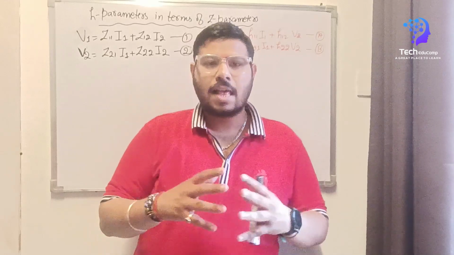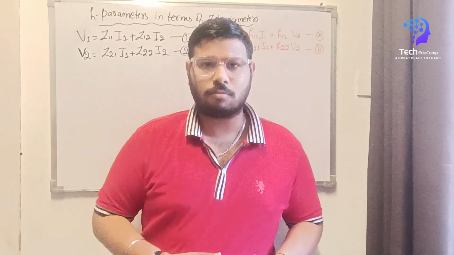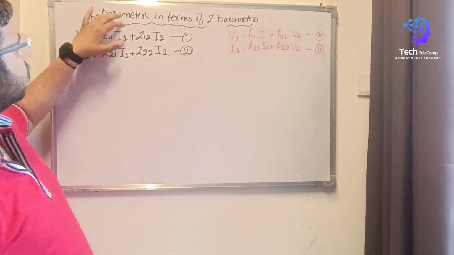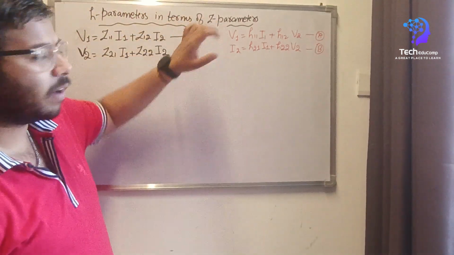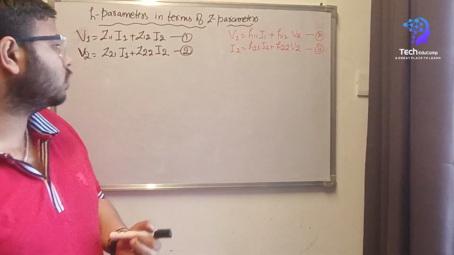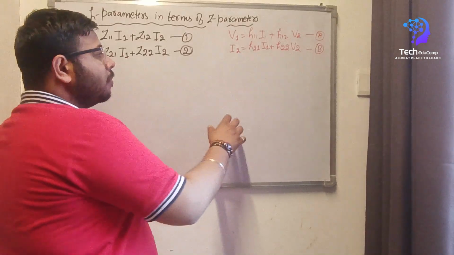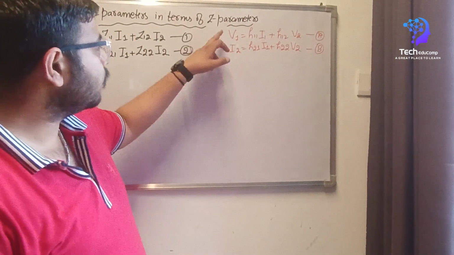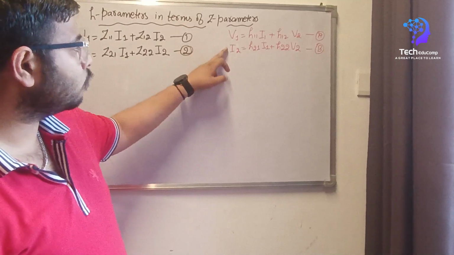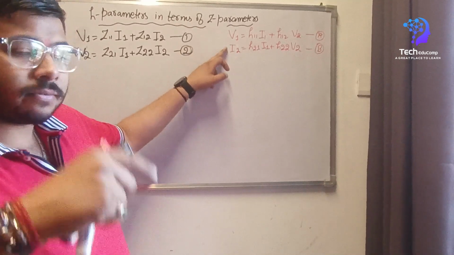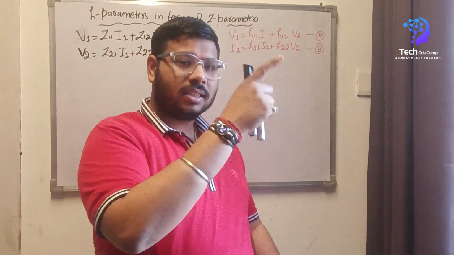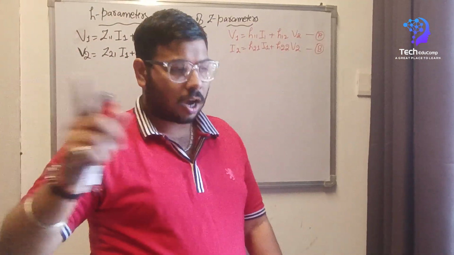So let's start with our first subtopic, that is to see how we can write the H parameters in terms of Y parameters. As we know, the hybrid parameters can be written in terms of the input voltage and output current when we assume that port 1 is the input and port 2 is the output.